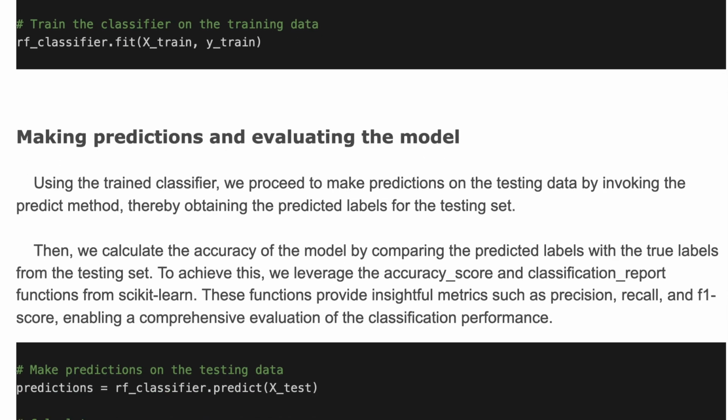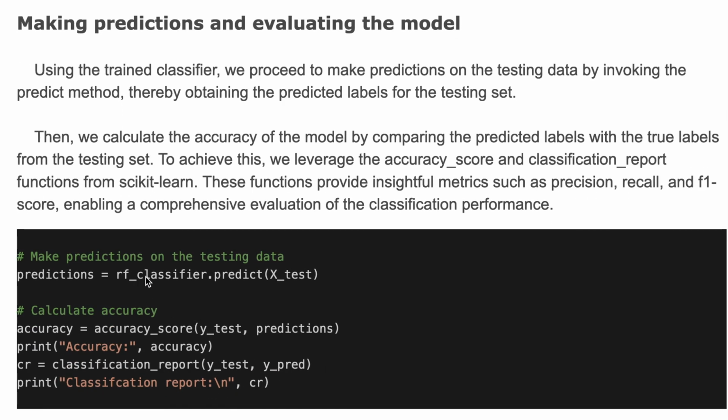Then we calculate the accuracy of the model by comparing the predicted labels with the true labels from the testing set. To achieve this, we leverage the accuracy_score and the classification_report functions from Scikit-learn. These functions provide insightful metrics such as precision, recall, and the F1 score, enabling a comprehensive evaluation of the classification performance.